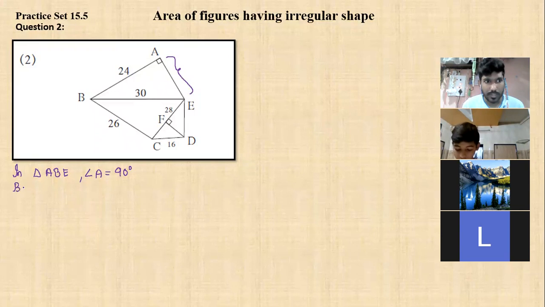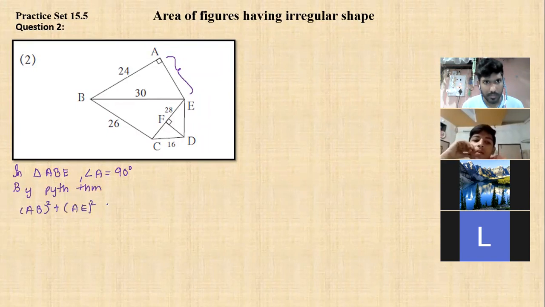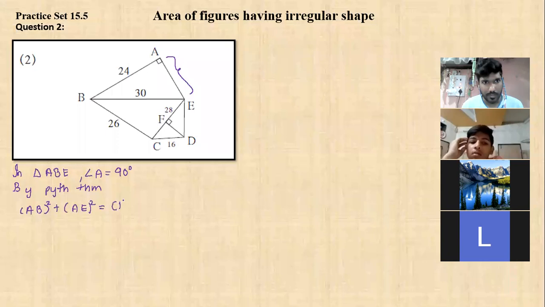By Pythagoras theorem, side 1 square, that's AB square, plus side 2 square will be equal to the hypotenuse square, that's BE square.